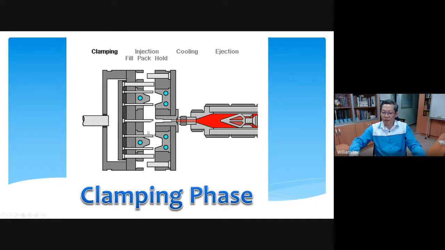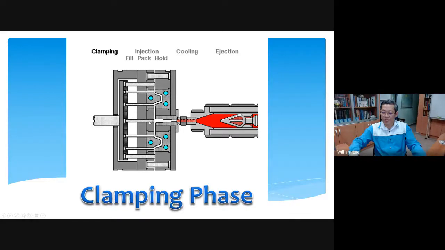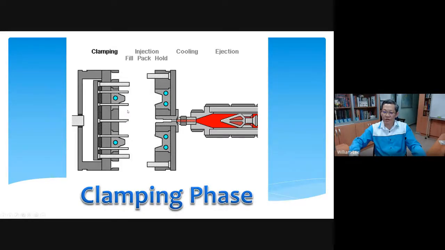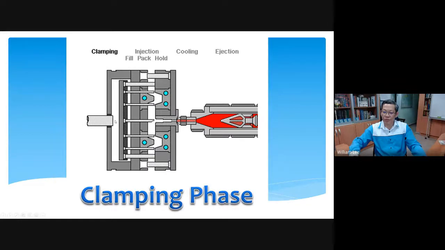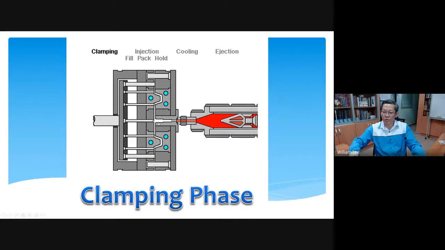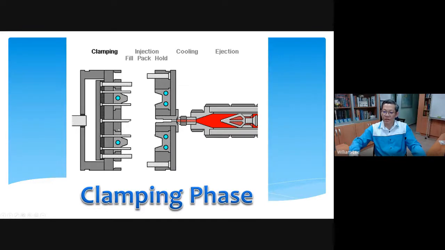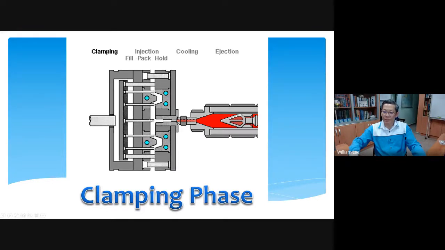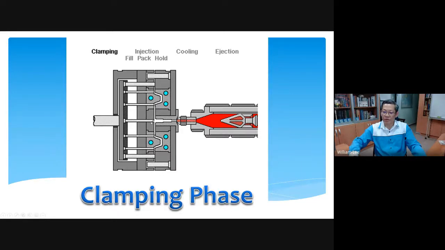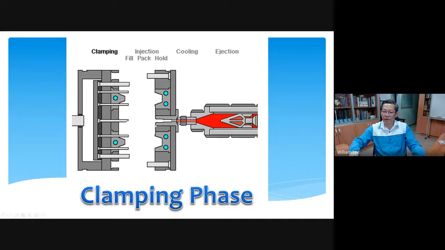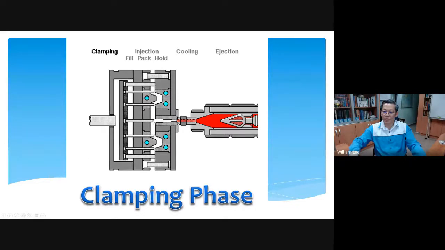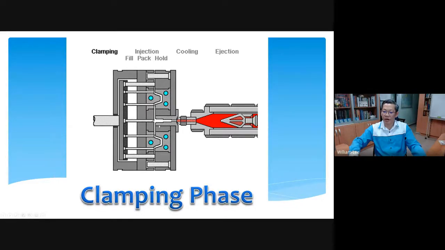This ejector pin is supposed to retract back to the original position, but not project out. So I think this is an error from the simulation program. Otherwise, when the other half gets close to the A half side, this projected pin might crack when they hit. But anyway, this is the clamping phase.